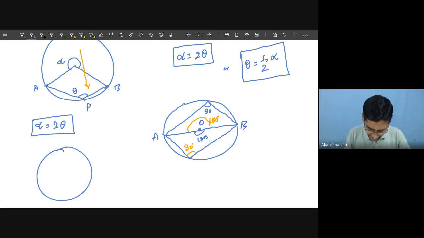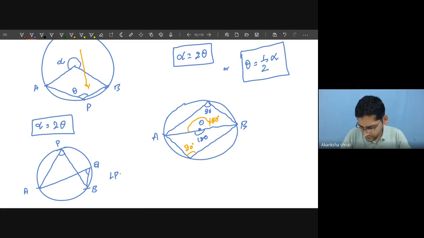If we are considering this circle with arc A and B, then whether you make the angle this one or you make the angle on the same arc, let me call this P and this Q, then these two angles, angle P will be equal to angle Q. Means if this is theta, this angle will also be theta, wherever you make it.